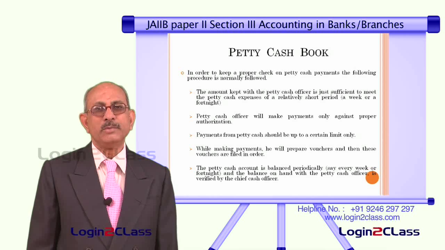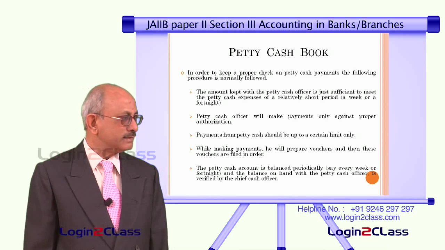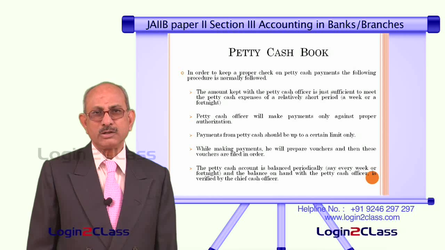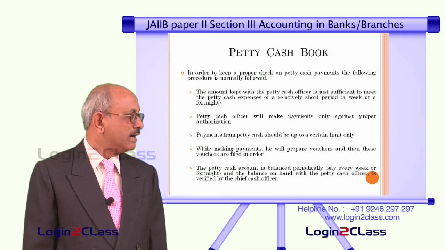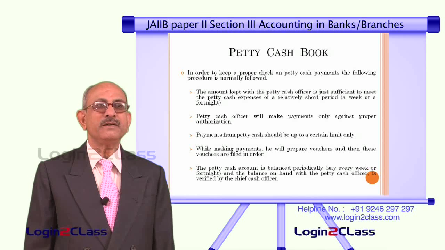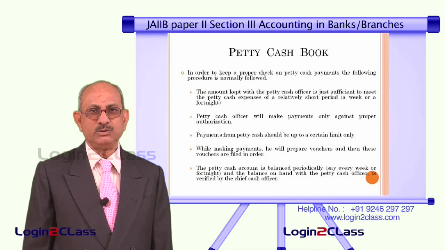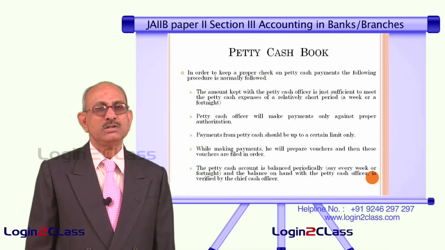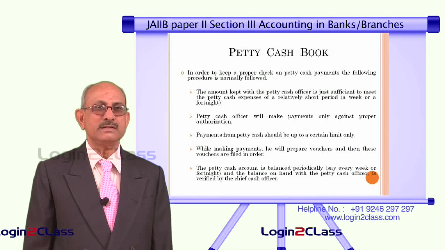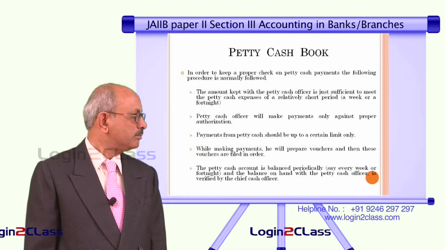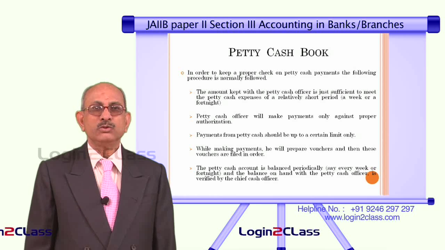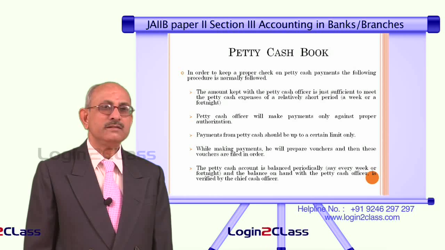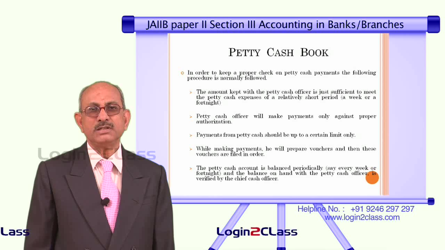This is balanced periodically, normally, as I said, every month, or it could be even a week or a fortnight, and then the amount lying with the petty cashier is verified, so that there is no misuse of the cash entrusted to the petty cashier or the cash officer. So with this we come to the end of the discussion on subsidiary books.